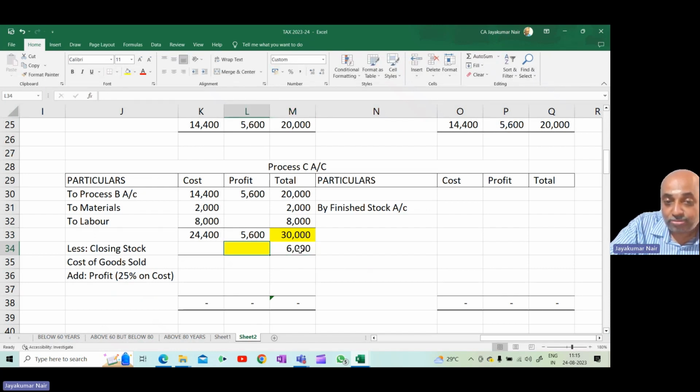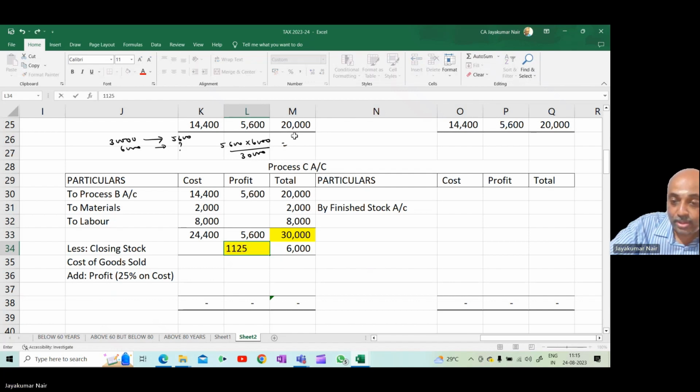So what is the profit that is included here? Same computation you have to do. If it is 30,000, profit included is 5,600. 6,000 means how much? So it'll be 5,600 into 6,000 divided by 30,000, which is 1,120.